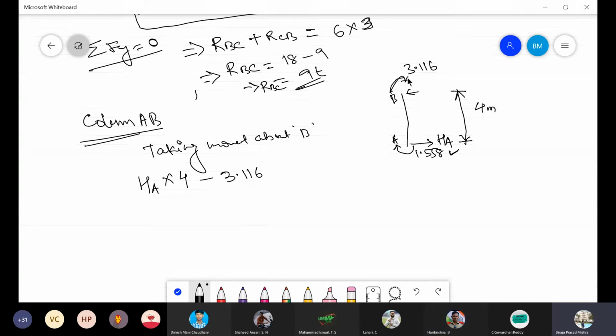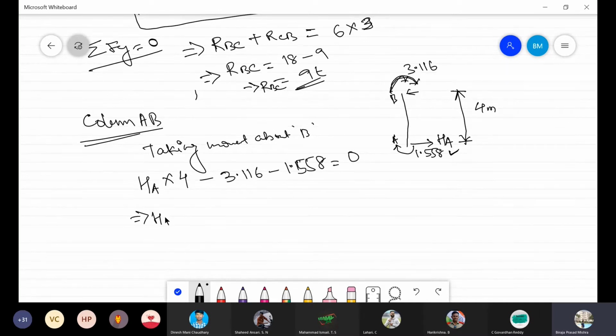Both are clockwise, so it is minus again 1.558 equals 0.